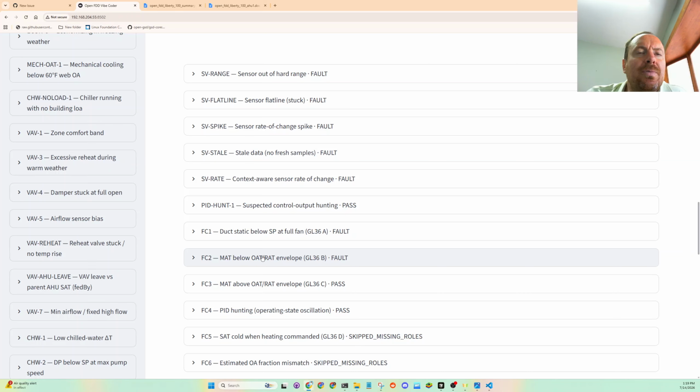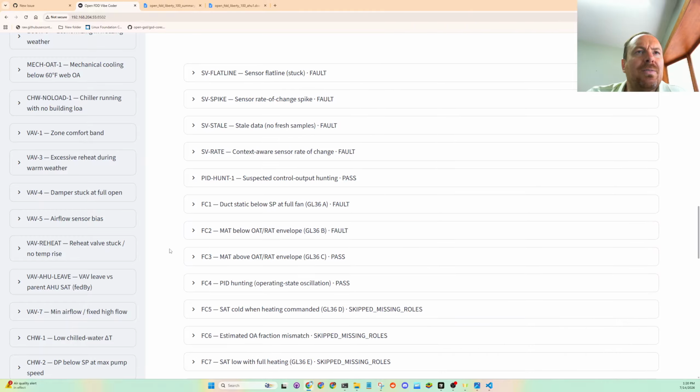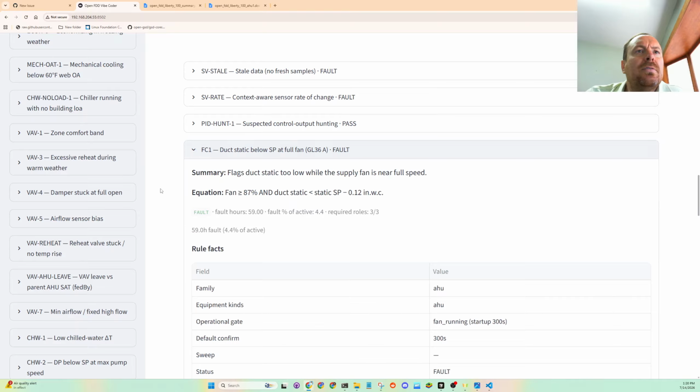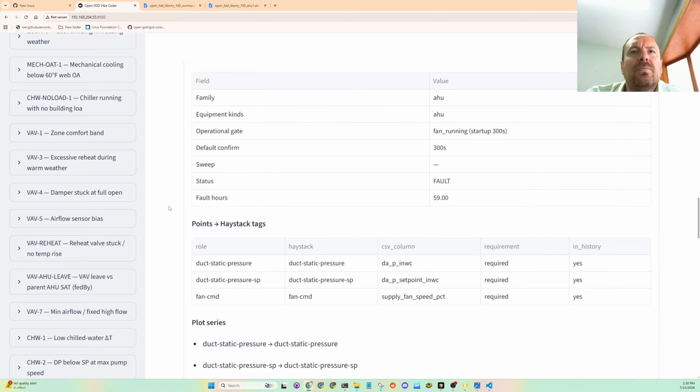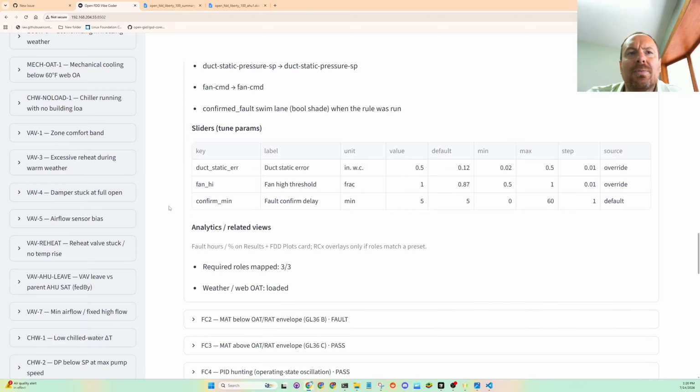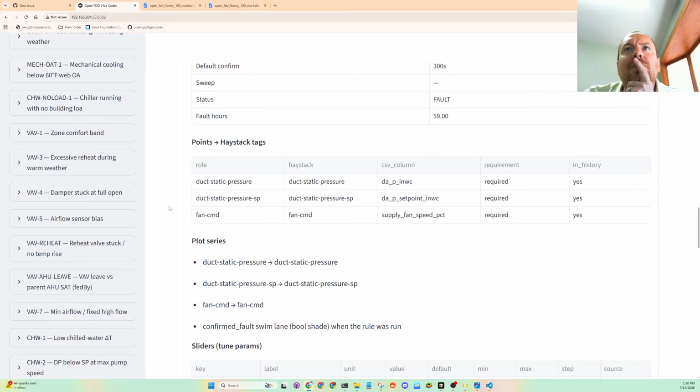Still have some of these issues with the mixed air temperature sensor not in line, where mixed air temp is below the outside air and return air temp. Some anomalies with the mixing air temp sensor. A couple faults on maintaining duct static pressure, but I don't think it's nearly as bad as air handling unit 1.